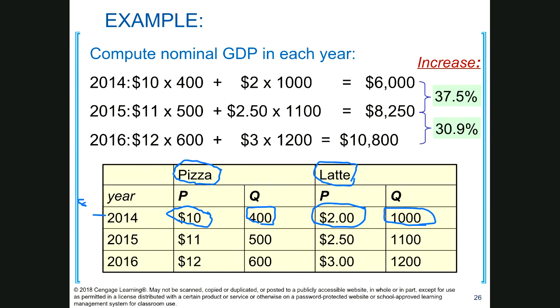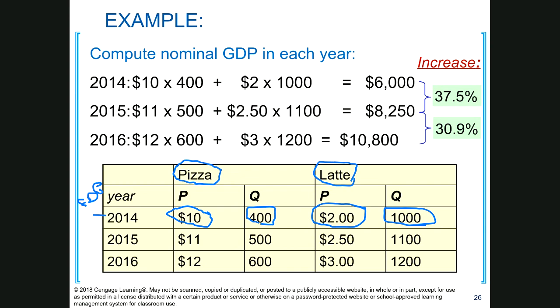The nominal GDP is the market value of all goods and services produced. You use 10 multiplied by 400, which is $4,000 worth of pizza, and 2 multiplied by 1,000, which is 2,000 market value of all the coffee latte.